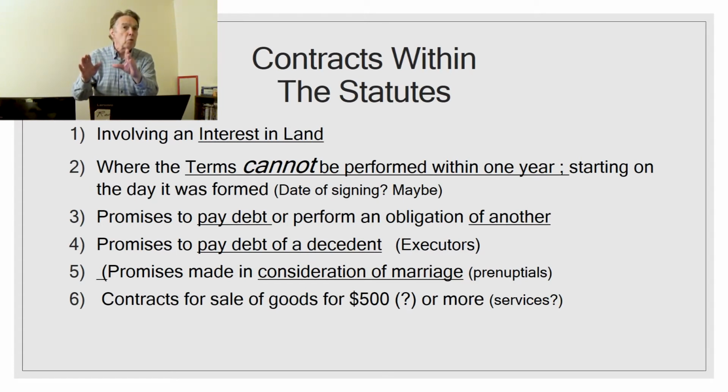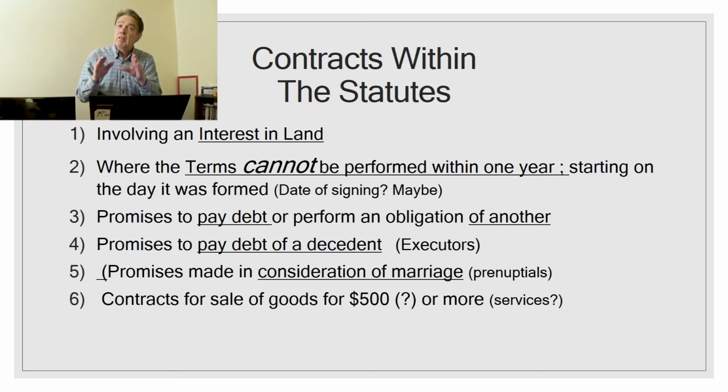But there are exceptions to it, meaning that you can have a contract for these things, even for any of these 6 contracts. You can have a contract without having a writing. That's why it's a little bit of a misstatement to say that the statute required that you have a contract.